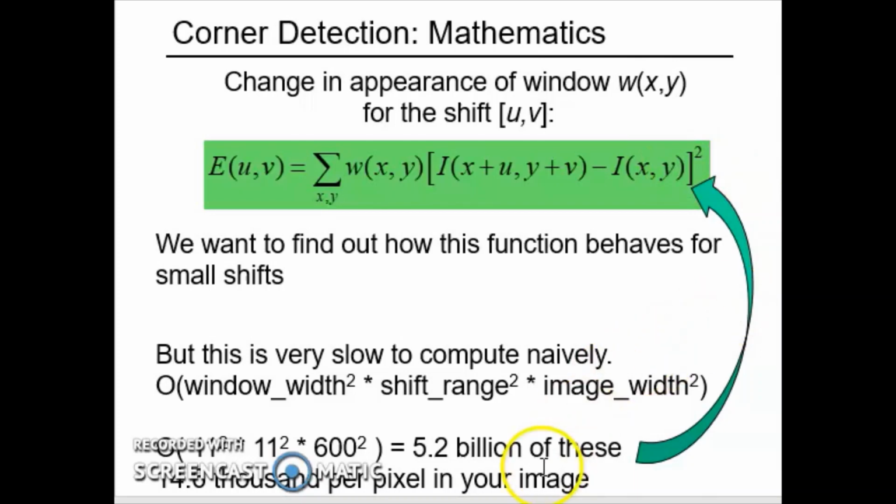And this number corresponds to 14.6 thousand calculations per pixel that we need to perform once we want to calculate the corners in the images. So this is a big number, and obviously it is not practical to perform corner detection using precisely this equation.